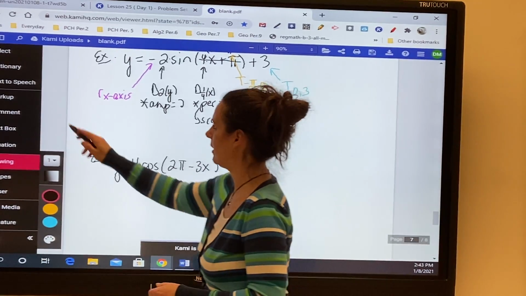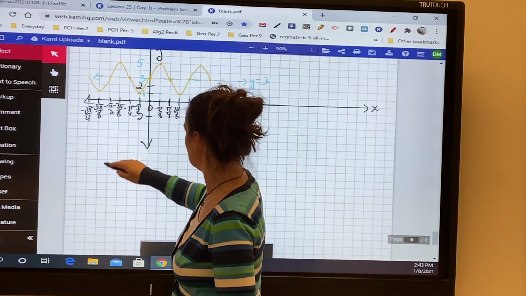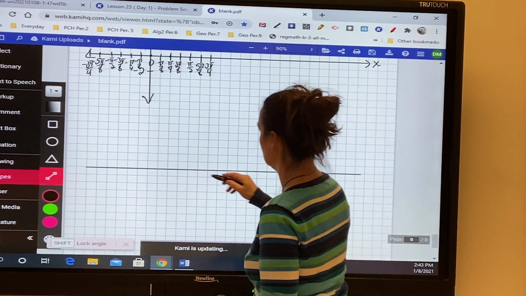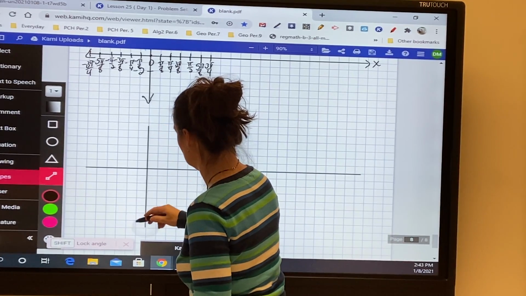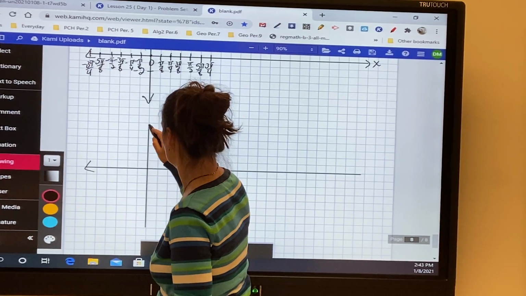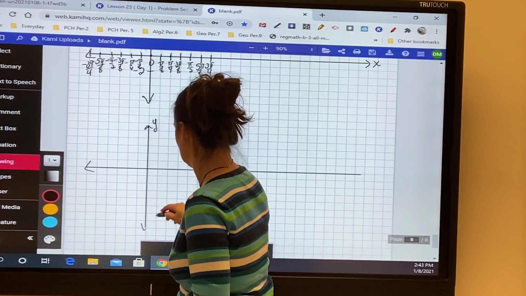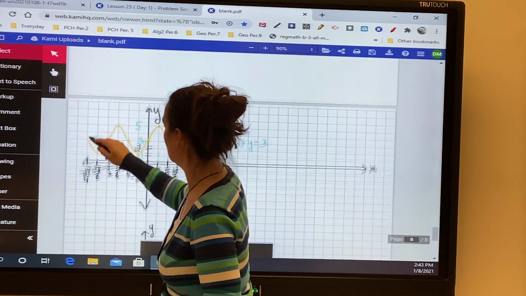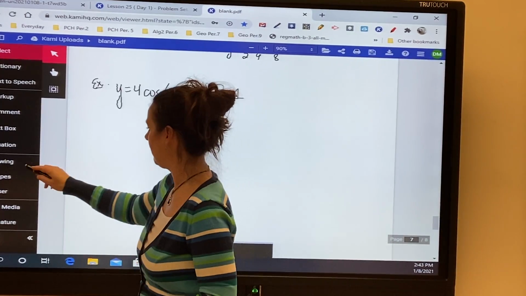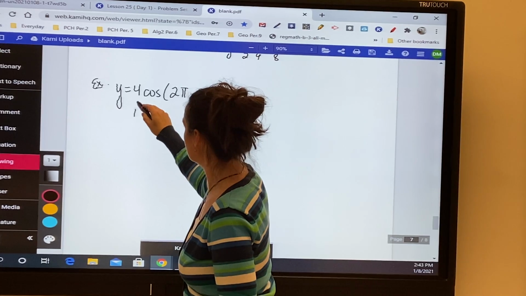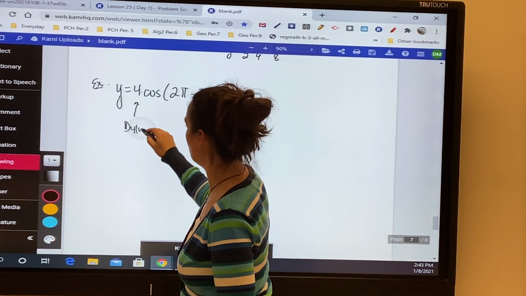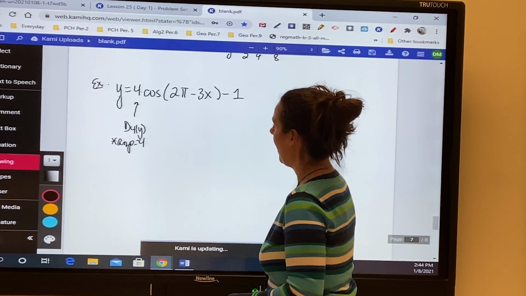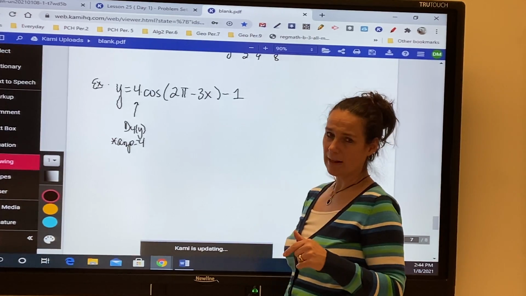And while we're at it, let's get ourselves a set of axes drawn and see what we have with the graph. So we are going to have a dilation of 4 to the y's, which hopefully everyone knows now. This is going to affect the amplitude. Tricky with getting that vertical dilation here, ladies and gentlemen.